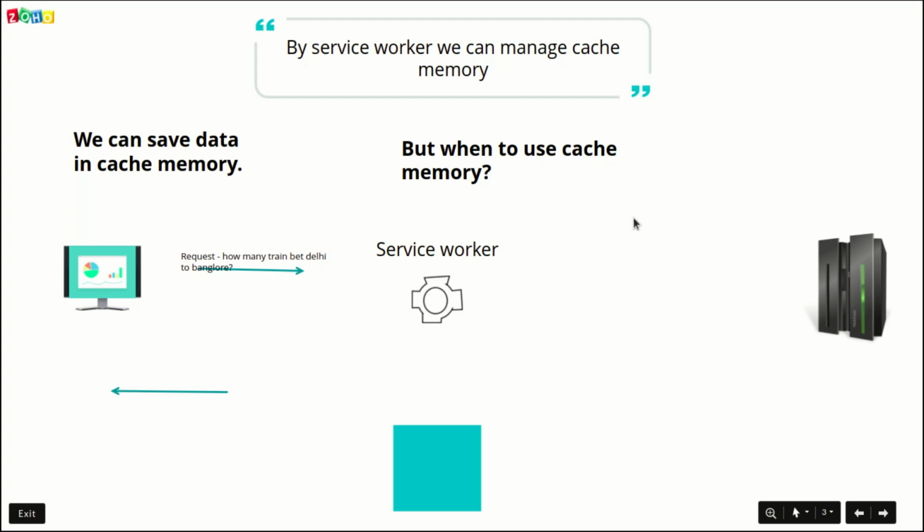This is the request by the client, and in this scenario, what does a service worker do? It sends this request to the server, and the server sends the data, the list of the trains and the number of trains, and then the service worker responds to the user.